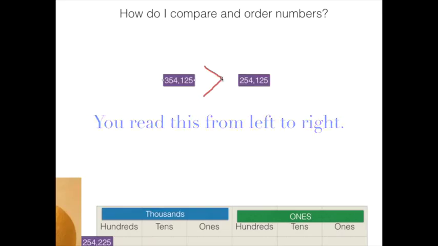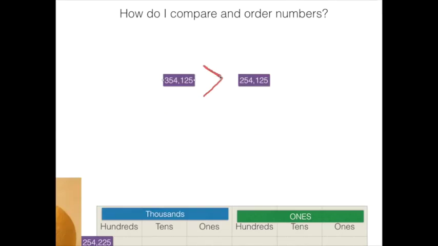I always remember it this way. The mouth is right here, like a shark's mouth or an alligator mouth. Little teeth in there, like this. And the bigger number always goes inside the mouth.